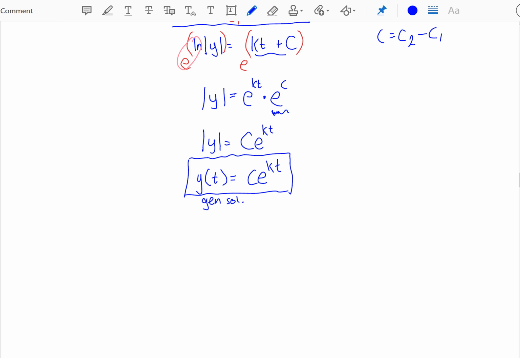So if we were to continue and solve the IVP, then we would require that when you evaluate your solution at time 0, which would be c e to the 0, this would have to equal y naught, which tells us that c in general will equal y naught, which is whatever your initial value is.